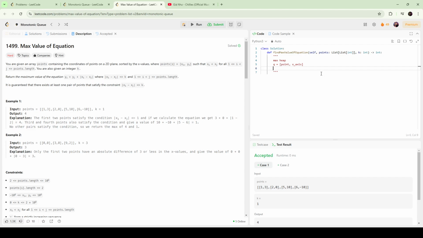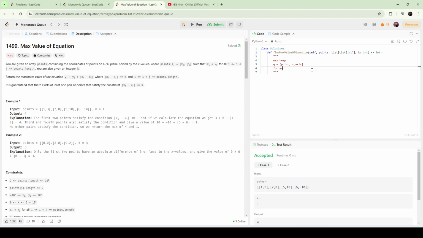If it's a valid x-axis, then we are going to take this point plus the x and the y of the current ending point. Because if you see this equation, if we consider any point as an ending point, then we are going to take the ending point x-axis minus the other guy's x-axis, which is always going to be larger than the previous x-axis.